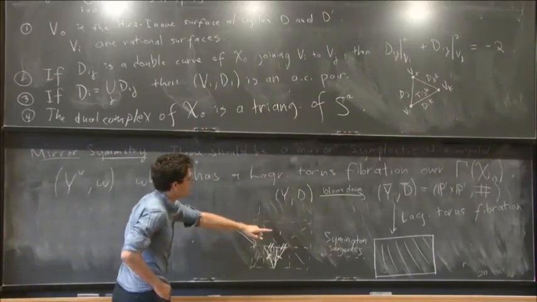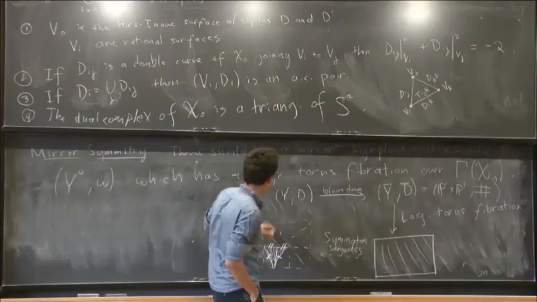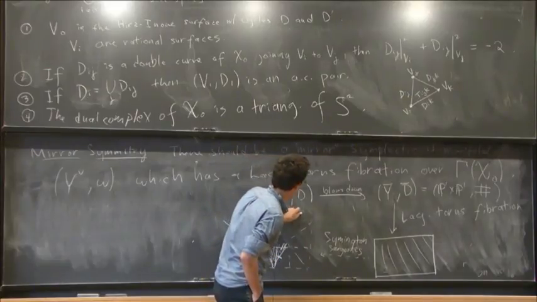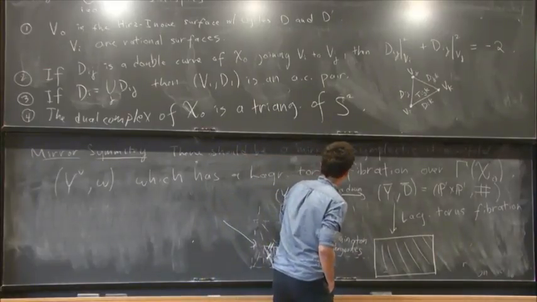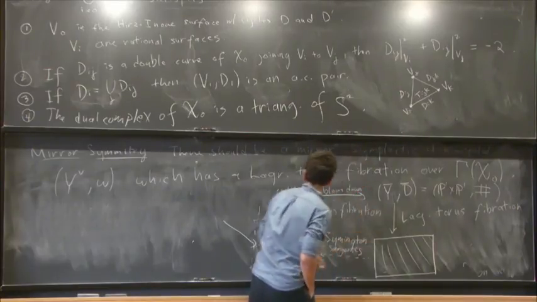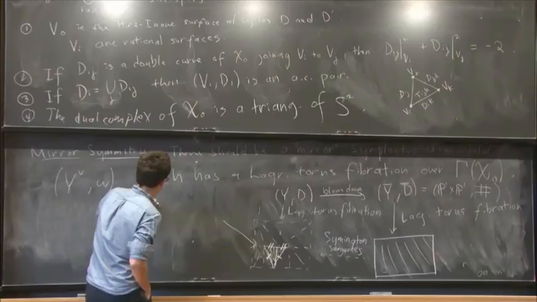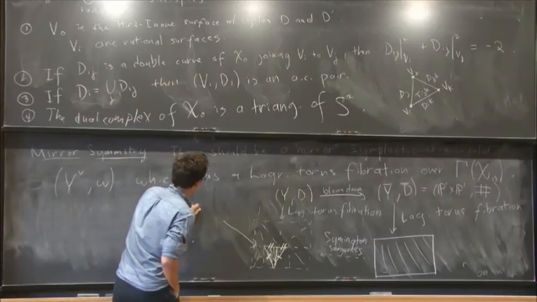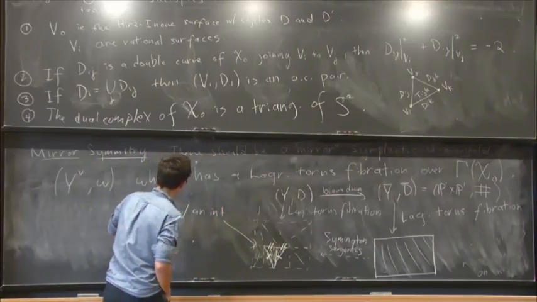So by doing these surgeries, we can produce the base of a Lagrangian torus fibration, which is S2 with an integral-affine structure.